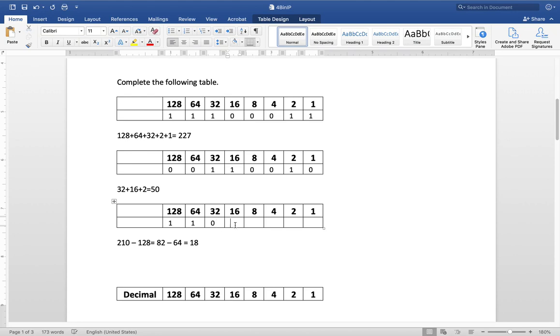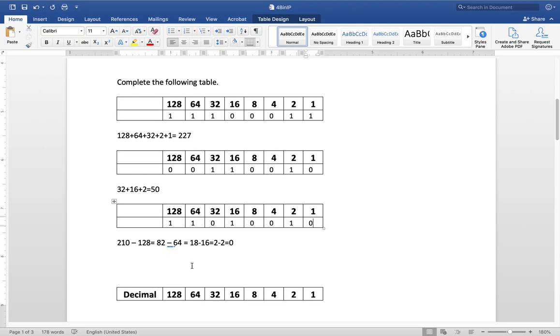I pick 16, and I'm left with 2. I don't need 8, I don't need 4, I need 2, so I take 2. Then I need 0, so for 0 I don't need 1, so I put 0 under it.